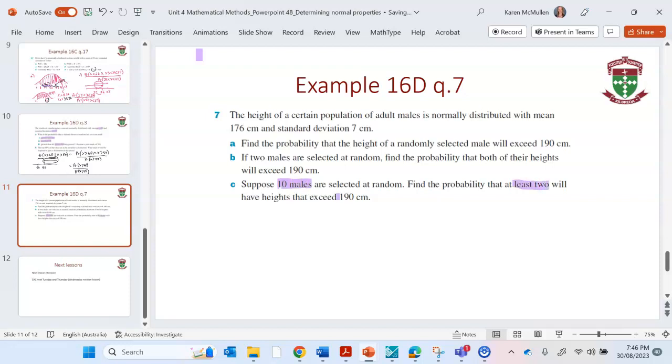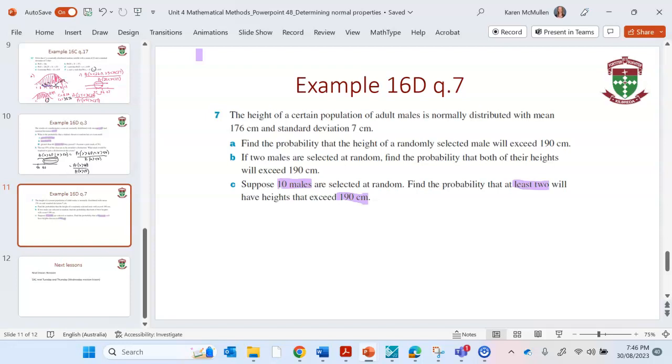All right, exceed 190 centimetres. So it's a little bit tricky because we're doing normal distribution, but you can find your probabilities in a continuous environment, I guess.